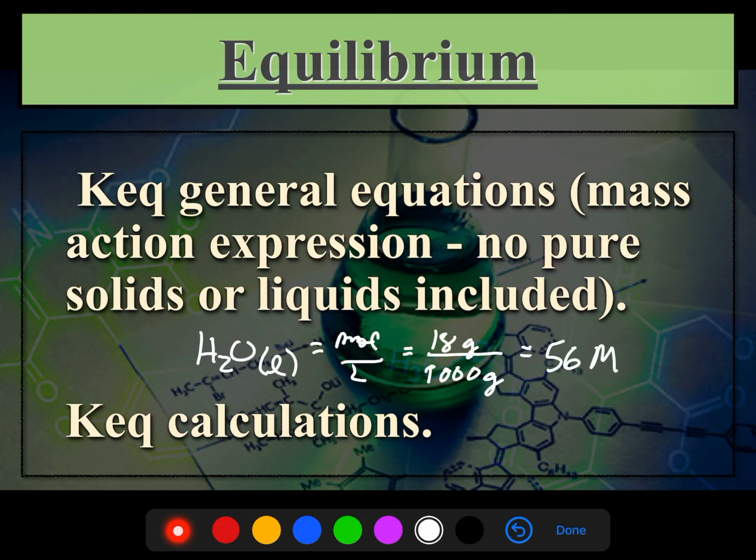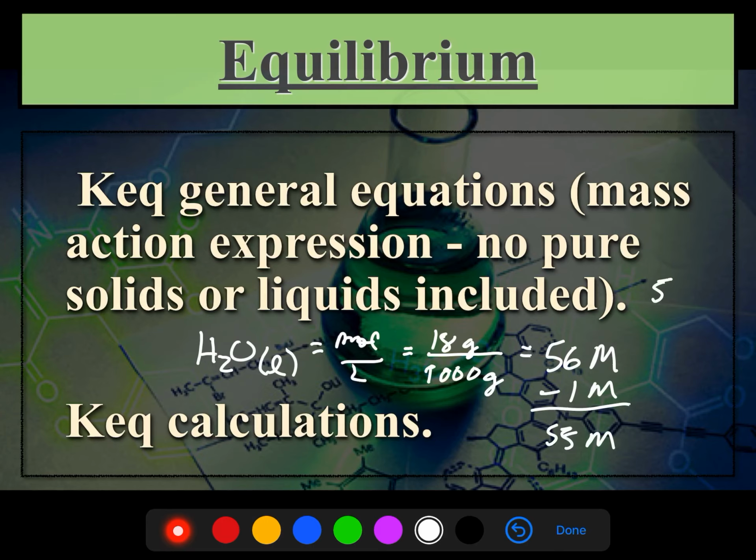So water does have a concentration. That's a very high number. Most of the things that we're dealing with are either 1 molar or usually less than 1/10 of a molar concentrations when we're dealing with a water environment. So if we had a 1 molar value, let's say this reacted by 1 molar, that would only reduce it to 55 molar.